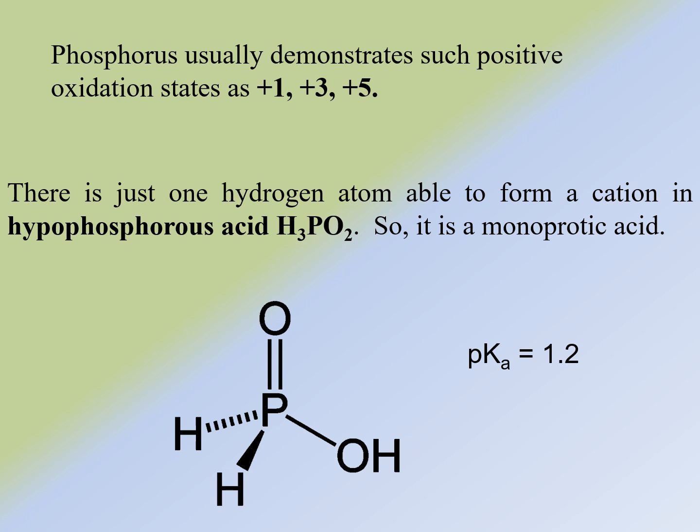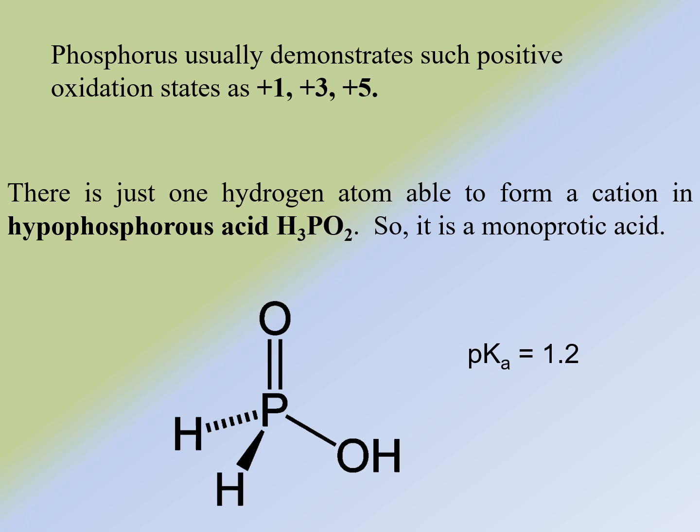Some words about numerous acids that can be formed with phosphorus. If it's +1 oxidation state, then the formula is H3PO2. This is called hypophosphorous acid. Please notice that there are 3 hydrogen atoms, but just 2 of them are connected to phosphorus and 1 of them is connected to oxygen.